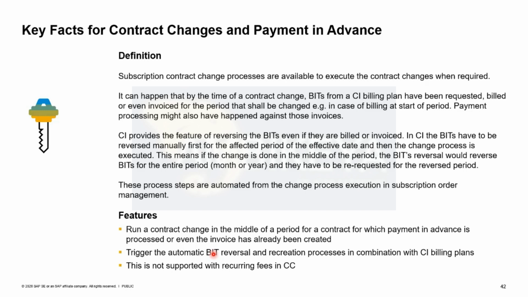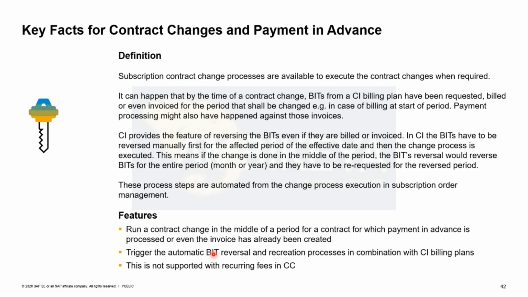But the CI team has built a feature to even reverse and re-request bits, even if they are billed and even if they are invoiced. But still, this is more a manual step to go reverse the bits, execute the change and re-request bits.